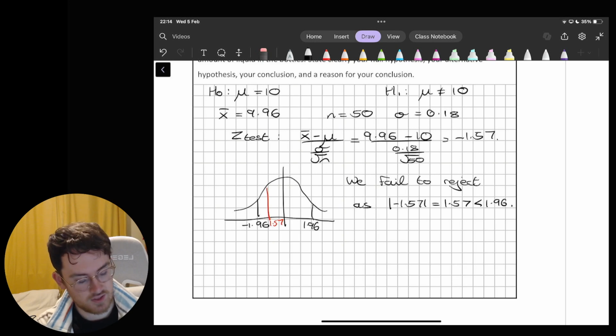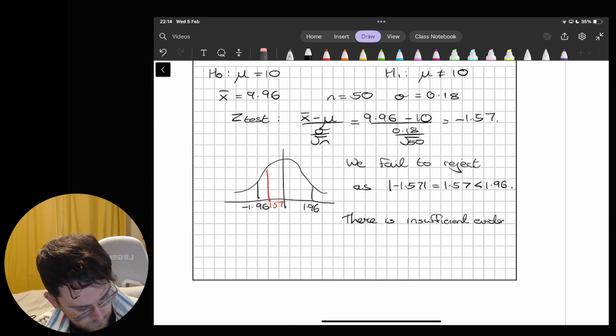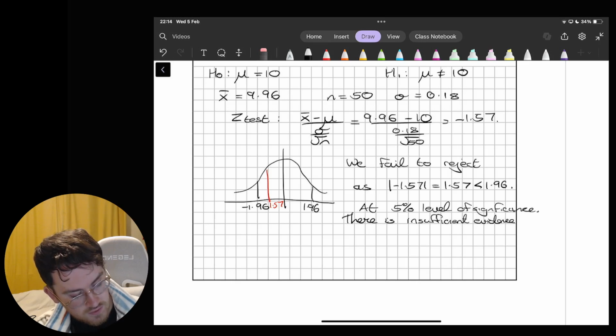So we fail to reject at the 5% level of significance. There is insufficient evidence to suggest the mean has changed.